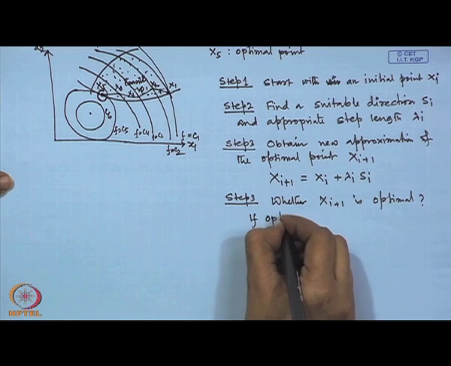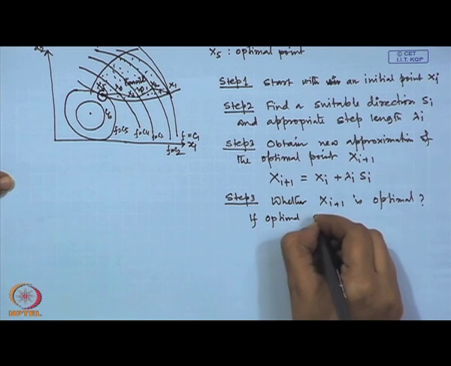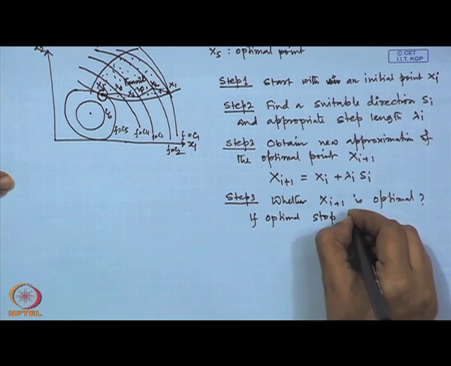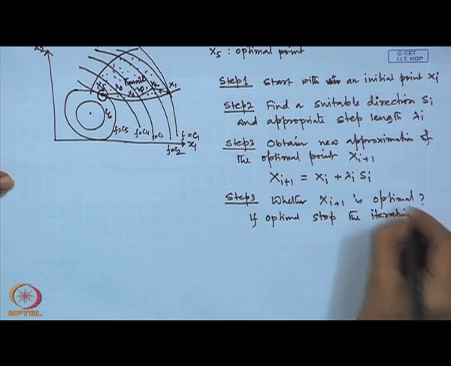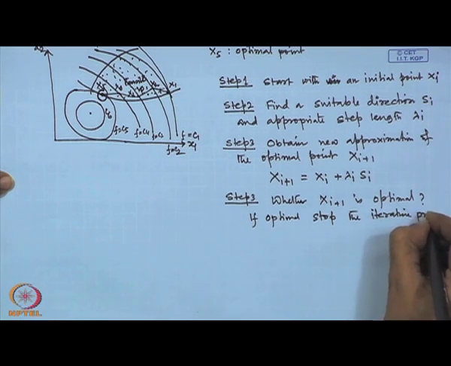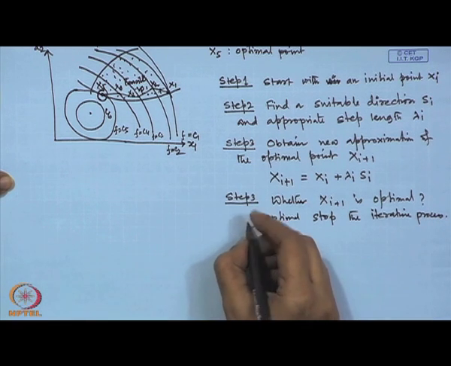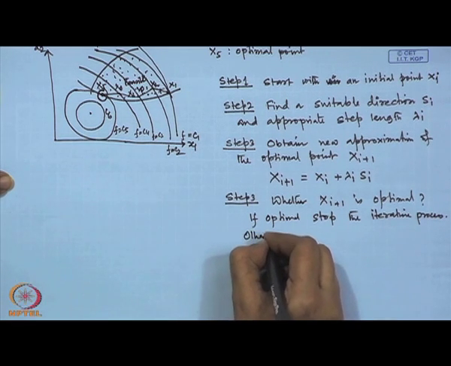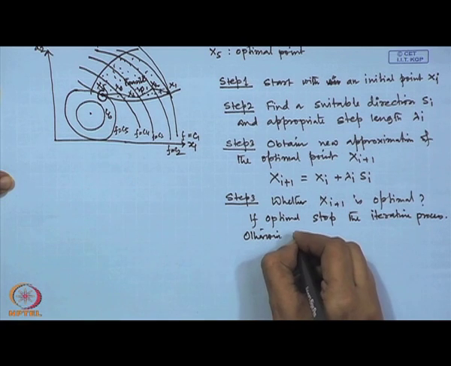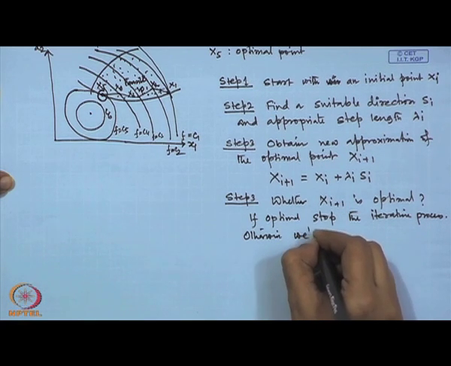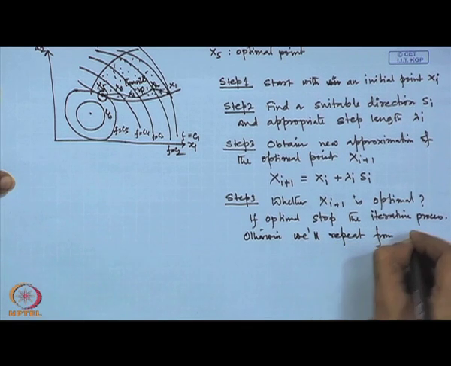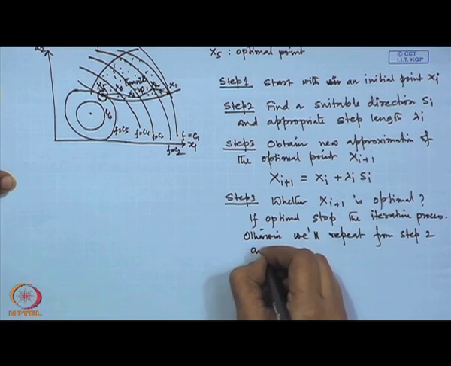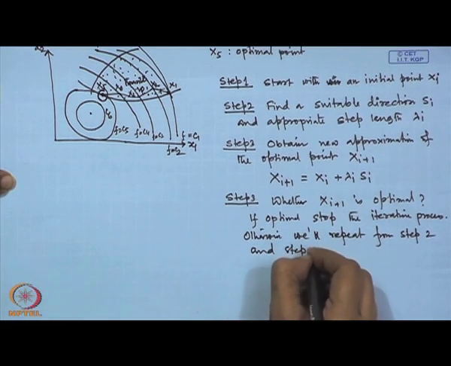If optimal, stop the iterative process. That means we will stop our movement. If it is not, then we will repeat from step 2 to 4 again and again, unless otherwise we are reaching the optimal point.